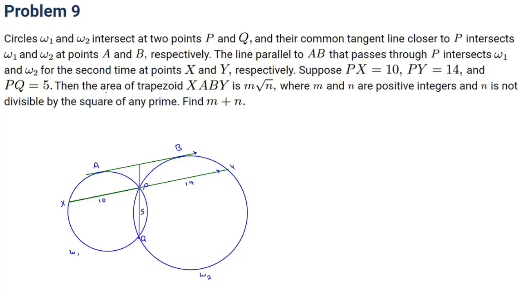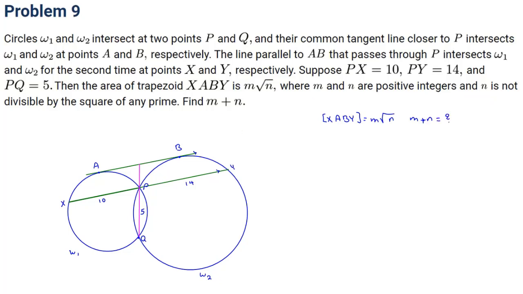Then the area of trapezoid XABY equals m root n, where m and n are positive integers and n is not divisible by the square of any prime, and m plus n equals what?